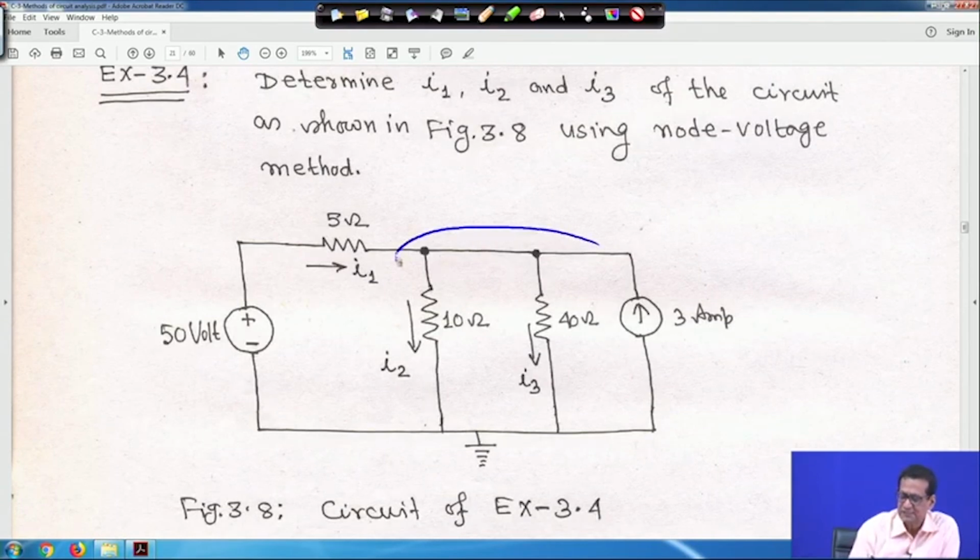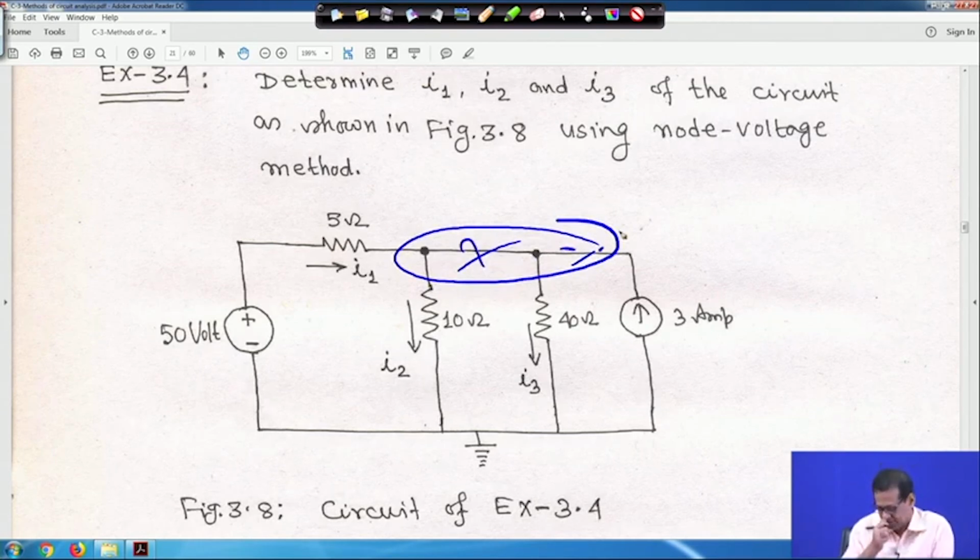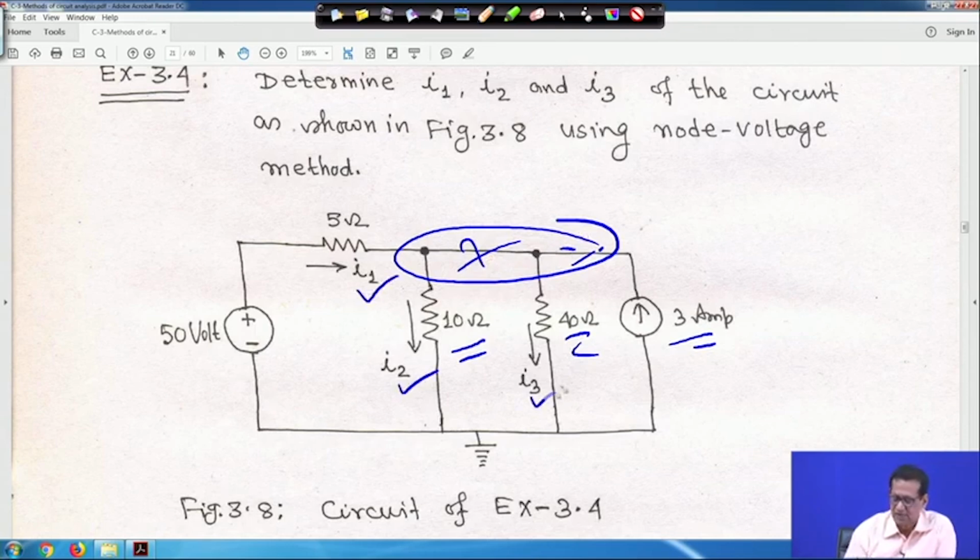So, basically this is a common node, because no electrical element is here or here. That means the 10 ohm, 40 ohm and the 3 ampere independent current source are all connected in parallel. Because nothing is there, you have to find out I1, I2 and I3.